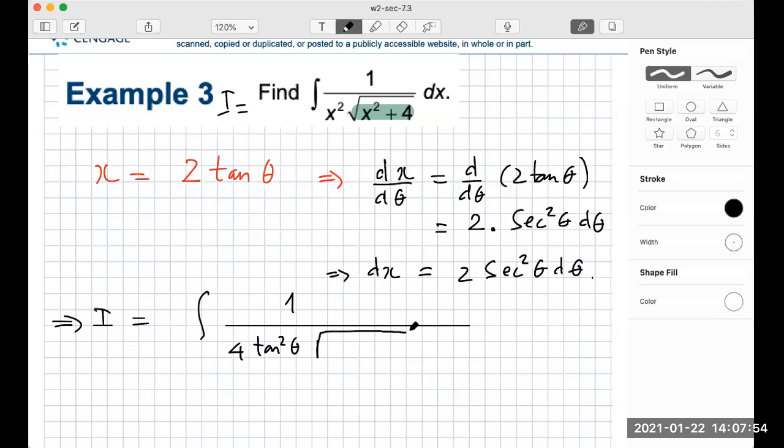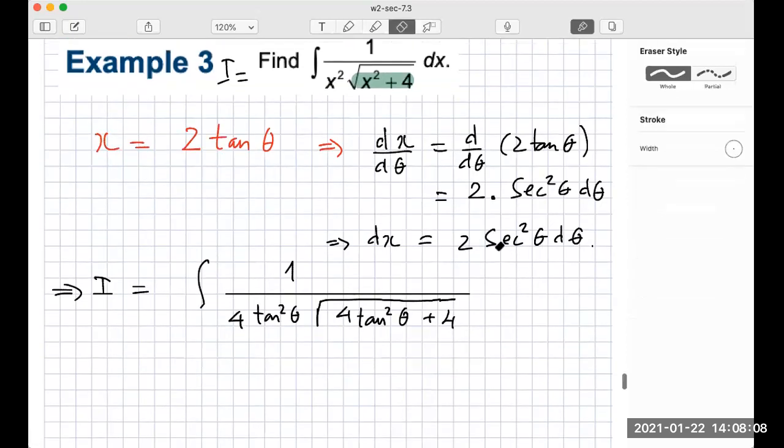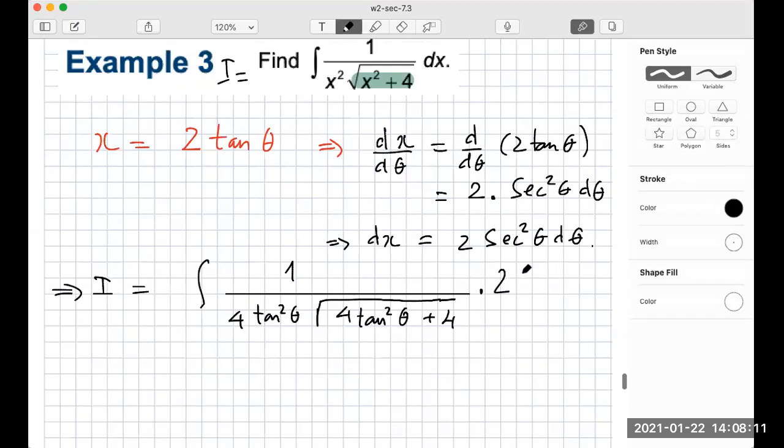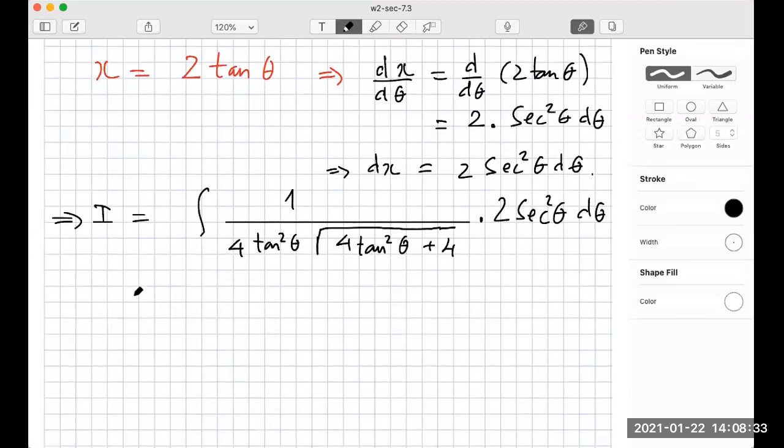The second term here is 4 tangent square theta plus 4, right? dx we now replace by this guy. We good? Then let us simplify it and continue.